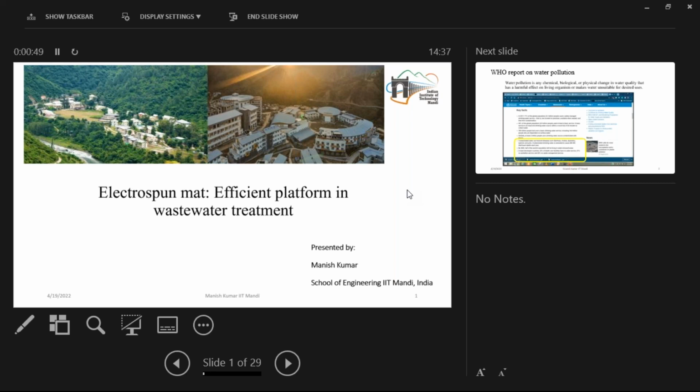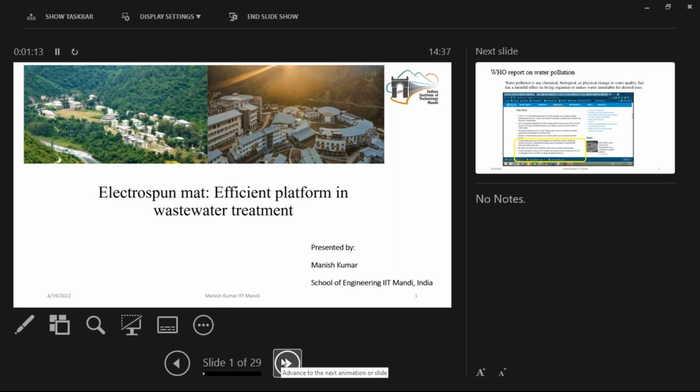In India, we have IITs, and we have two campuses in the lap of the Himalayas, North Campus and South Campus. The environment is very beautiful and very good for research. I will not waste much time on these things. I'll be speaking on the electrospun mat.